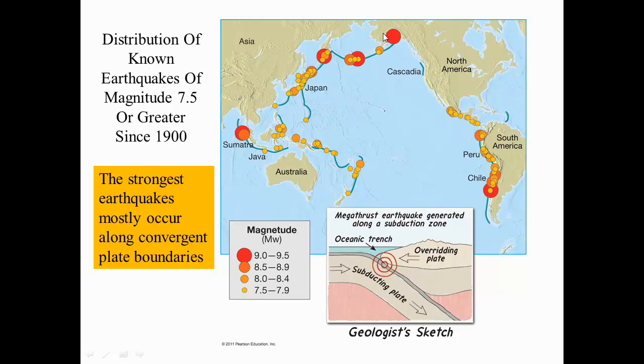Here's the Alaskan earthquake of 1964, shown at the top, and the Chilean earthquake that occurred in the 1960s. The smaller dots represent earthquakes of lower magnitude, going down to magnitude 7.5 to 7.9. But all of these plots occur along convergent plate boundaries, subduction zones.